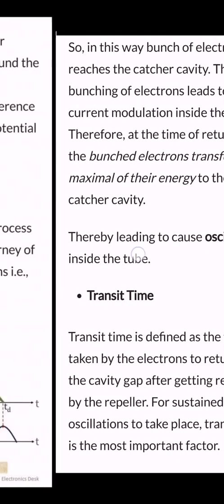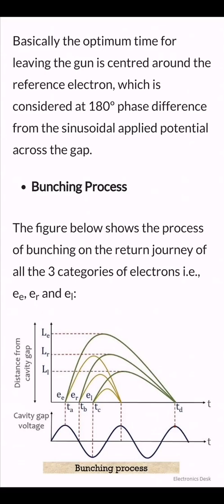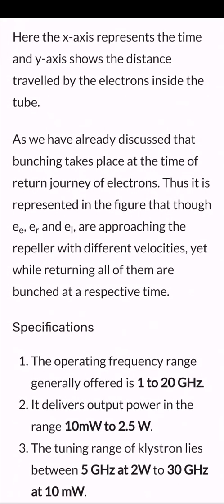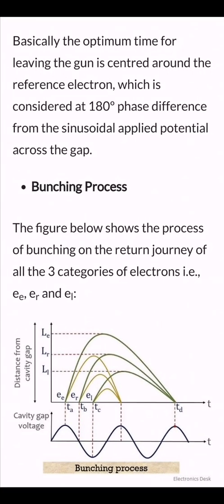And after transit time, now we will discuss what is meant by the bunching process. The figure below shows the process of bunching on the return journey of all three categories of electron, that is, early electron, reference electron and late electron. Here the x-axis represents the time and the y-axis shows the distance traveled by the electron inside the tube, which you can see in the graph.